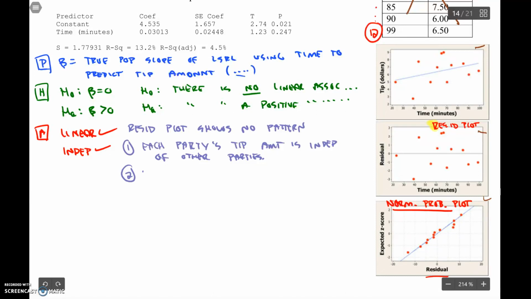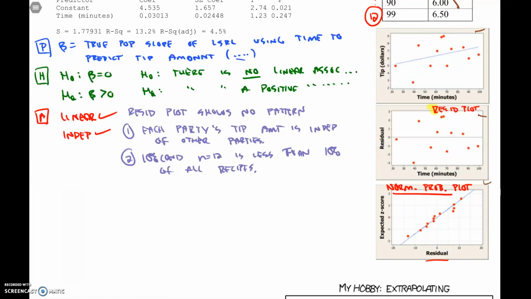And two, the 10% condition: n equals 12 is less than 10% of all receipts. Oh, that's about receipts. Whatever. For Charlotte at this restaurant during the time of interest.